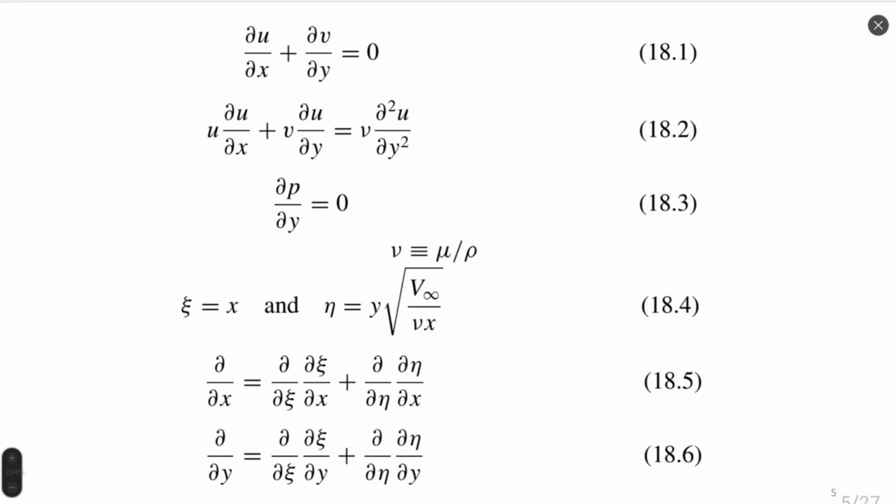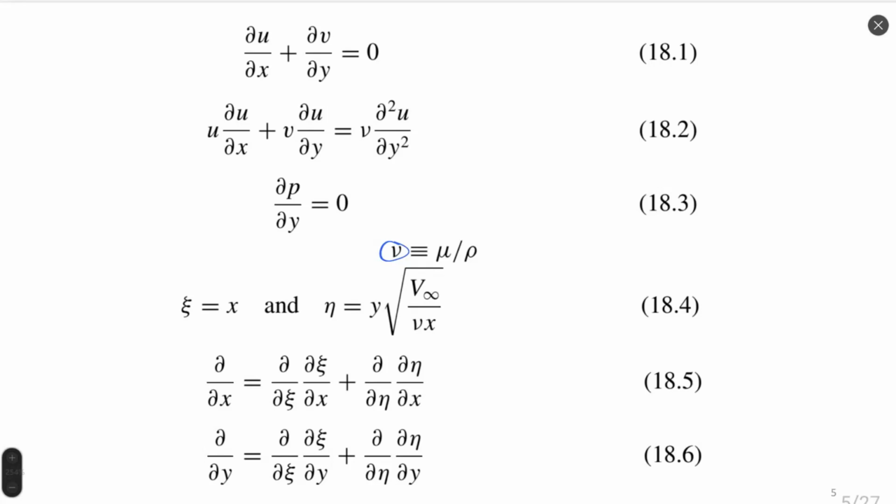No energy equation. Since density is not present inside these equations, it means that density is constant. Here there is nu, which is calculated as the ratio between dynamic viscosity and density.